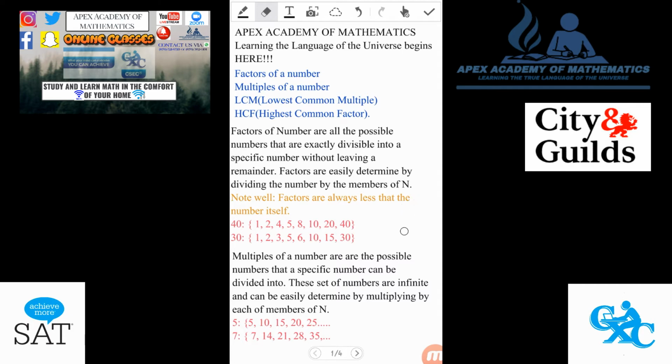N represents the natural numbers, which start at 1 and end at infinity. So the members of N are 1, 2, 3, 4, 5, 6, 7, 8, 9, 10, and it goes on and on and on.